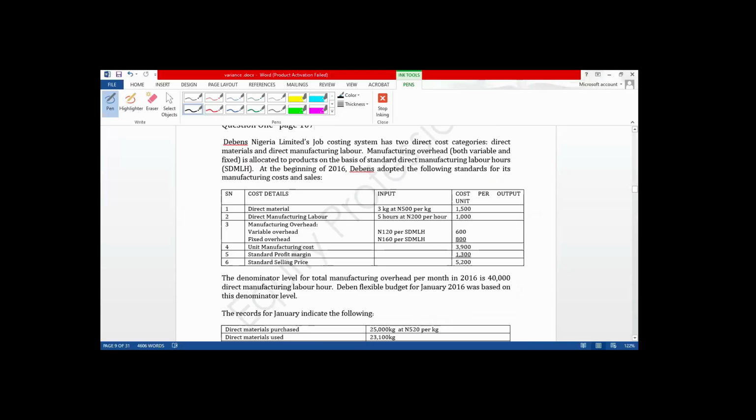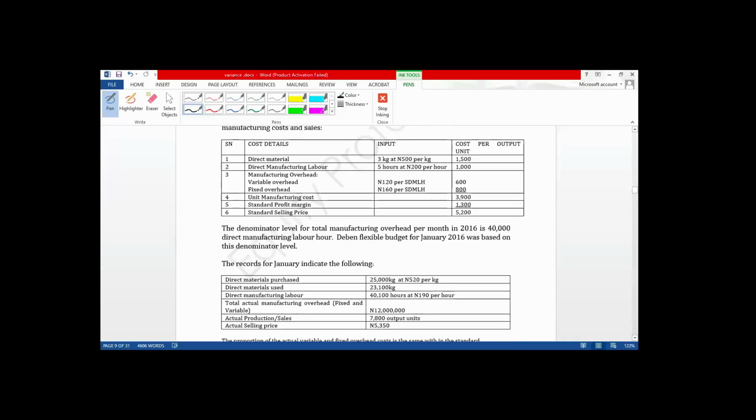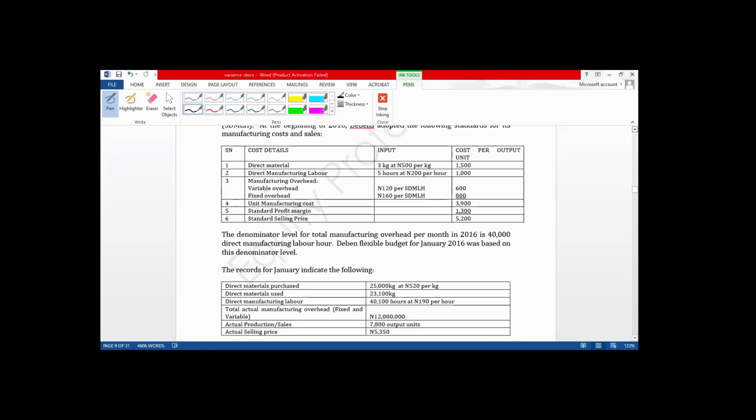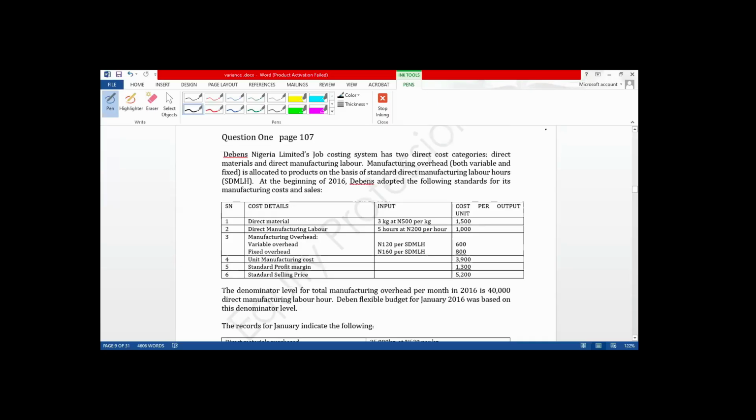Now, the examiner didn't give us the budgeted units directly. Look at the words here: the denominator level for total manufacturing overhead per month in 2016 is 40,000 direct manufacturing labor hours.